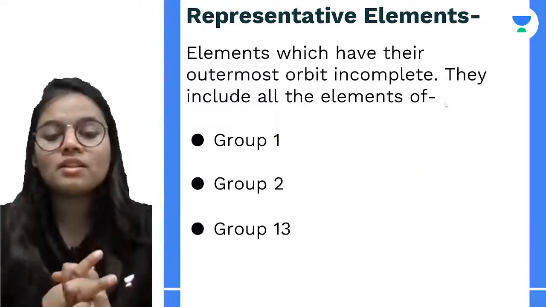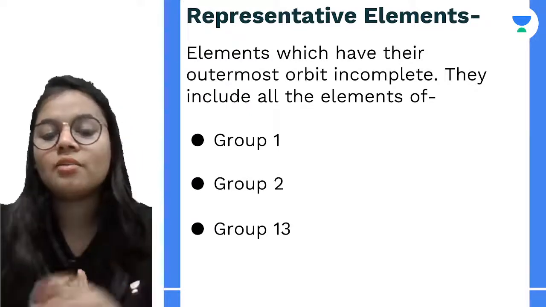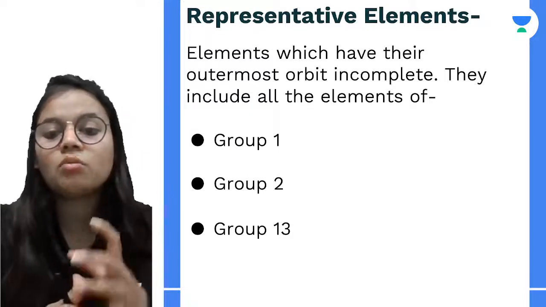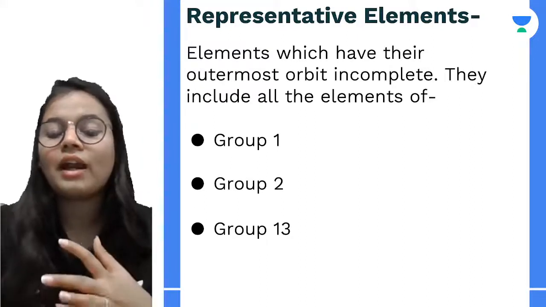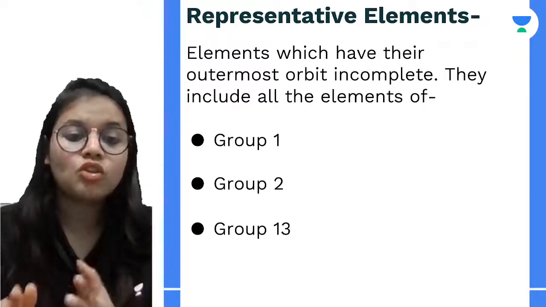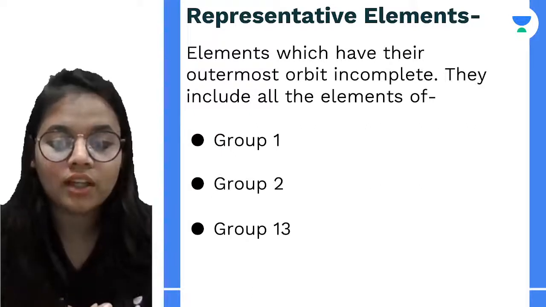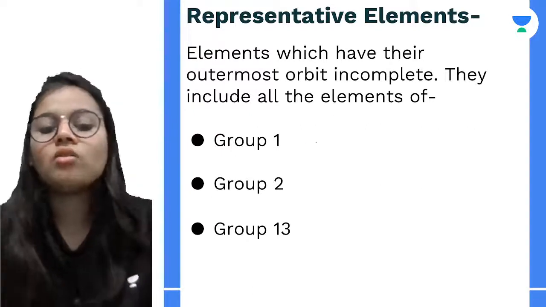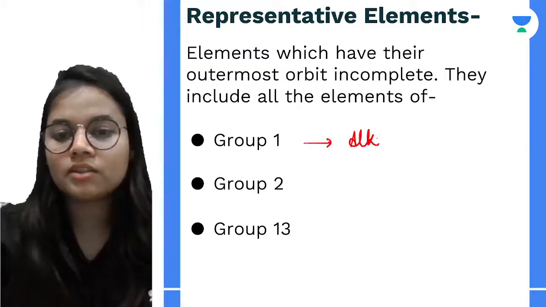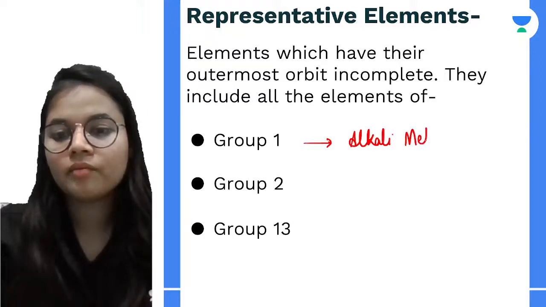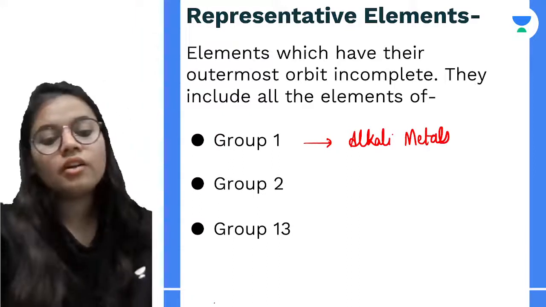So what are representative elements? These are the elements that have their outermost orbit incomplete. Now over here we have the elements of group number 1, 2 and 13 to 17. Now talking about group number 1, these are alkali metals. So here your answer comes.